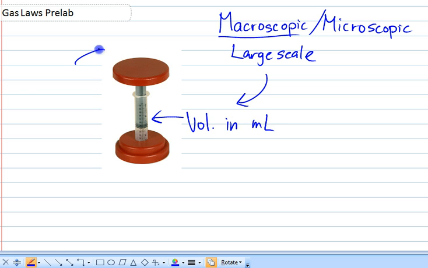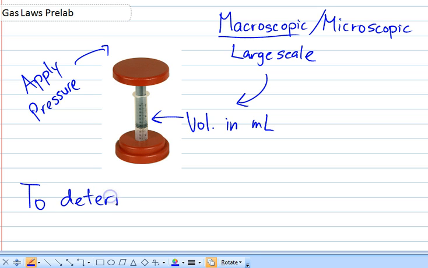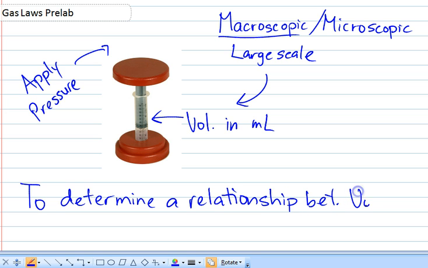And what we're going to do is we're going to apply pressure to the top of this by putting masses of various amounts. And so what we'll be doing basically is to try to determine, this is the purpose, a relationship between volume and pressure for a closed system.